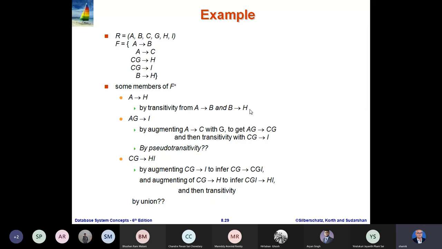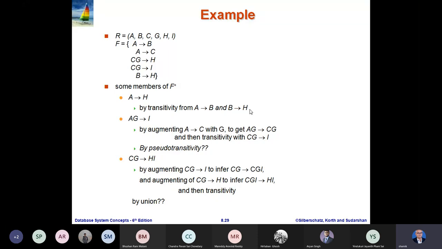And if no proper subset of that set of columns on the left is also a super key, then that set of columns becomes a candidate key.